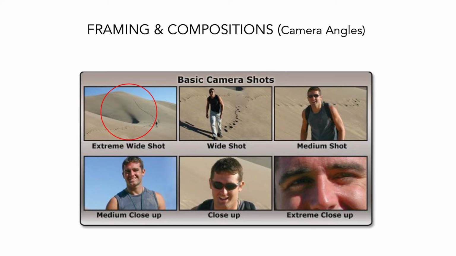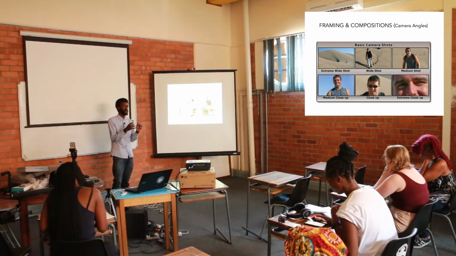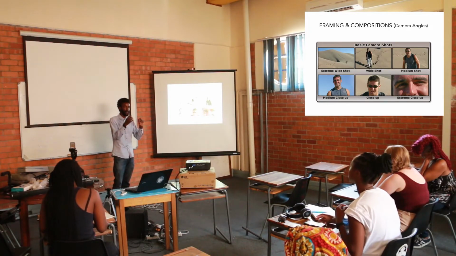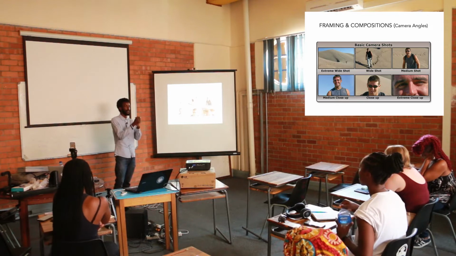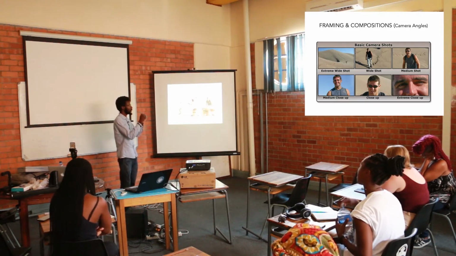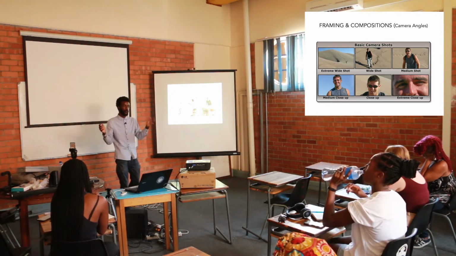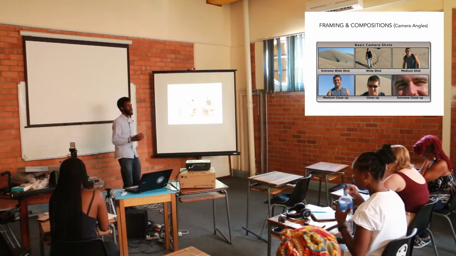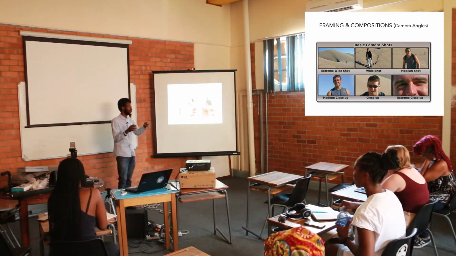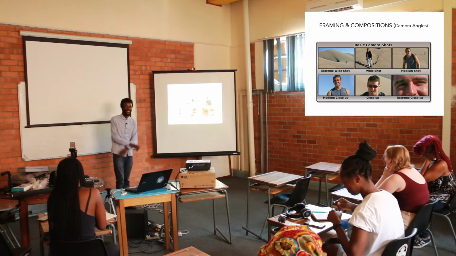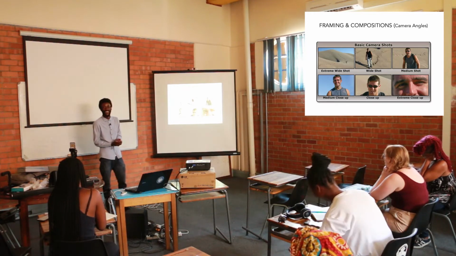Establishments are those type of shots where, I don't know if you've ever seen a TV show where someone is talking, but before they talk, let's imagine it's Karabo and Archie that are talking.